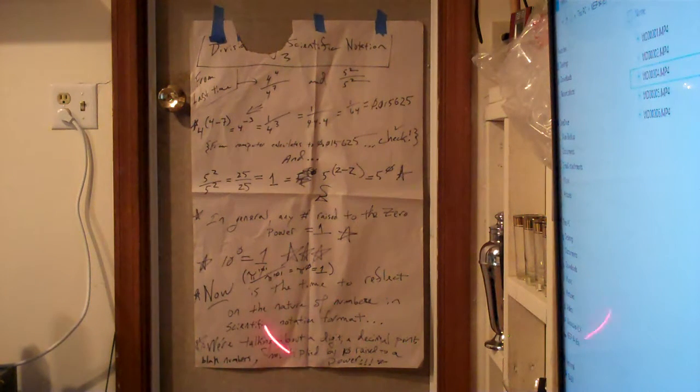This is where we get interesting. Now is the time to reflect on the nature of numbers in scientific notation format. What are we talking about? We're talking about a digit, a decimal point, some numbers, and then multiplied by 10 raised to a certain power.